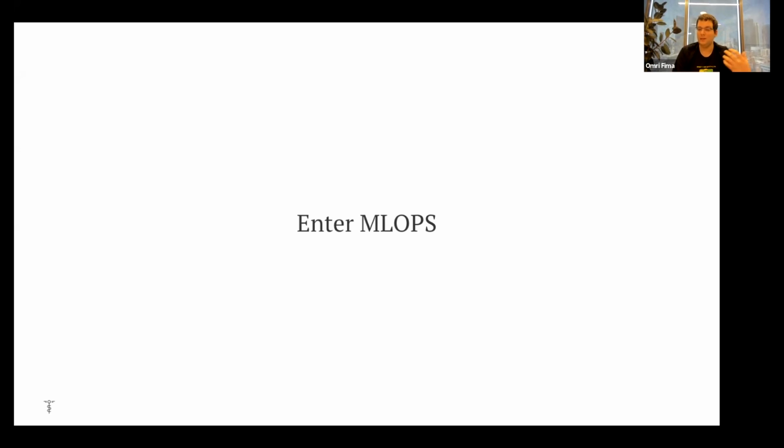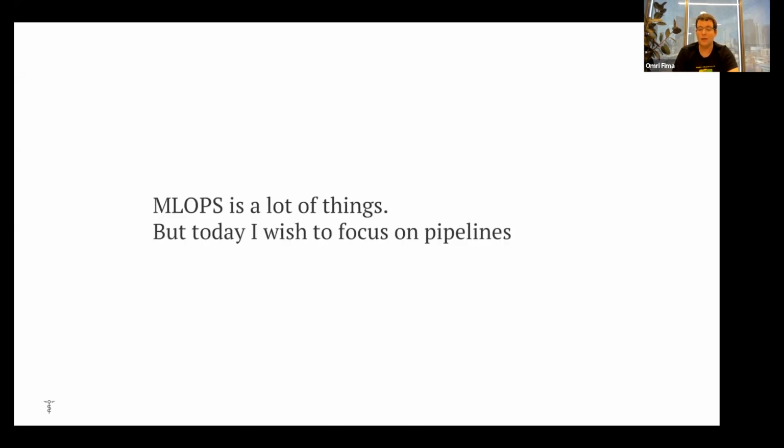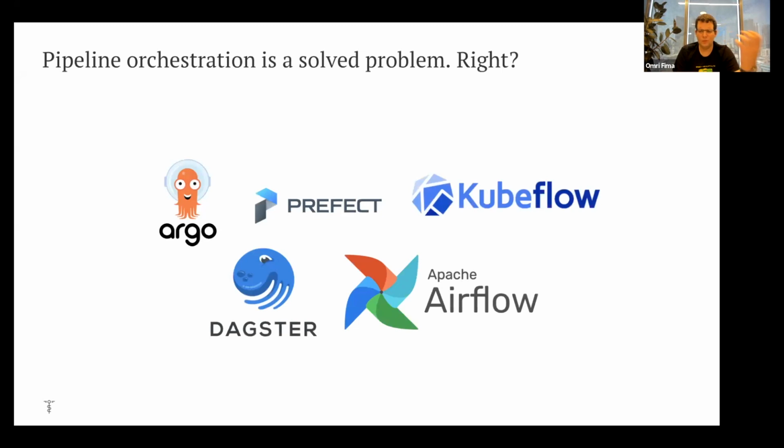It might mean governance of data and managing your model artifacts and managing the lineage of data. But today I want to focus on one specific thing. I want to focus on pipelines, how to make your entire machine learning process a lot more efficient, a lot more predictable. And when we're thinking about it, pipeline orchestration is pretty much a solved problem, right?